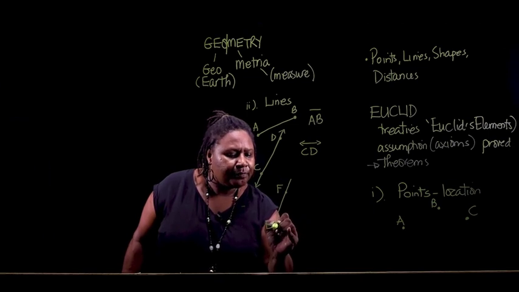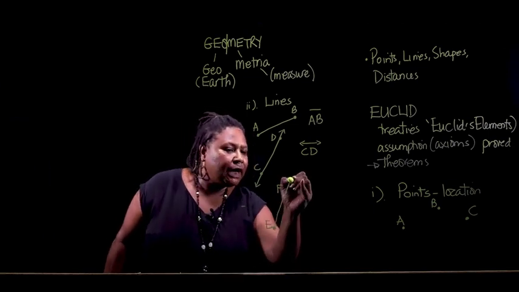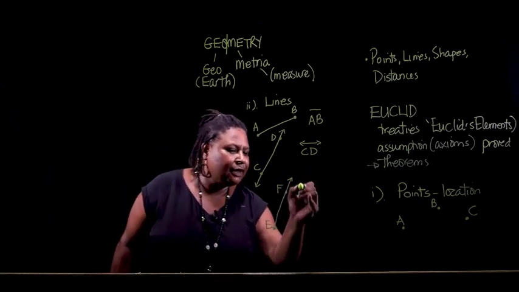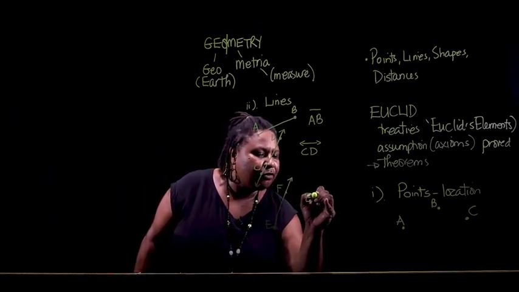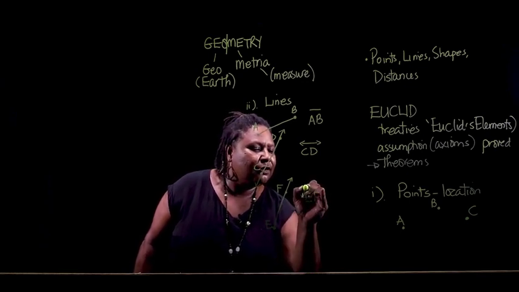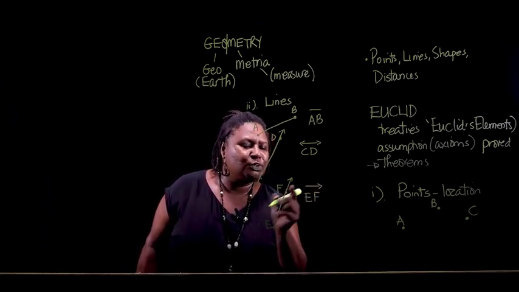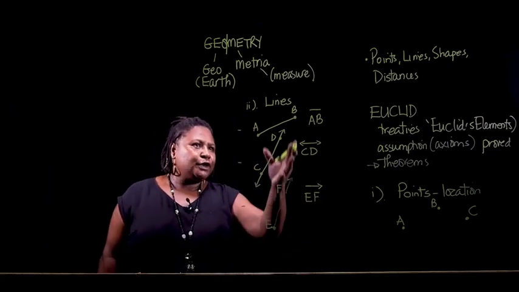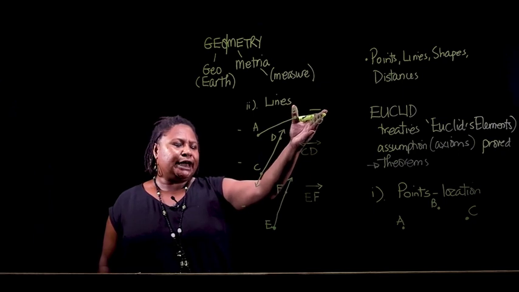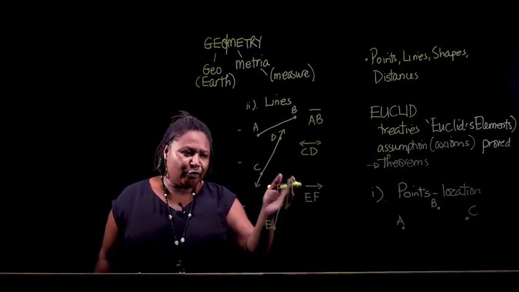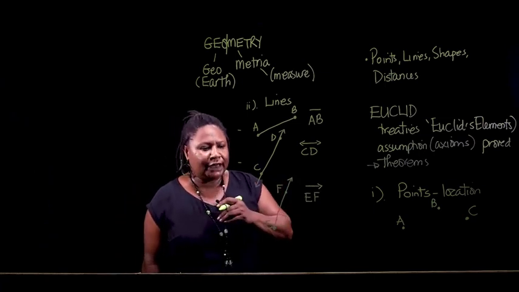This time I have an endpoint here at E. So this line is a ray that starts at E and extends into infinity past F. So 3 types of lines: the line segment AB, line CD, and ray EF.